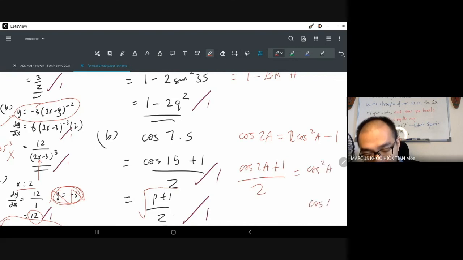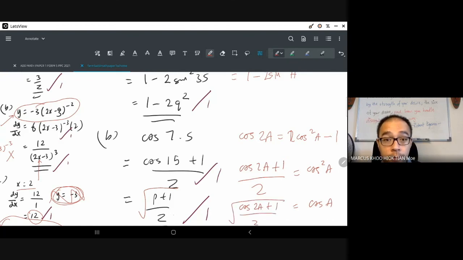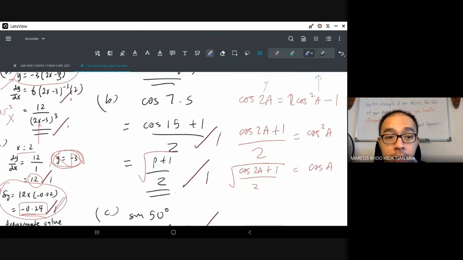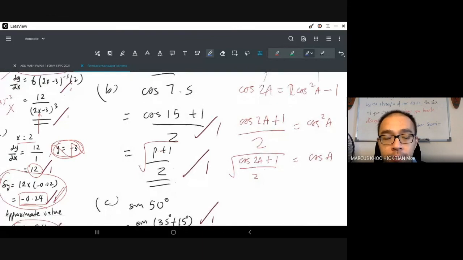So cos a equals the square root of cos 2a plus 1 over 2. Now, assuming that 2a is 15, so a must be 7.5. We are using the half angle, but kita macam kasih terbalik lah. So actually this should be P plus 1, because cos 15 is P. Then you plus 1 over 2, the whole thing will be square root.